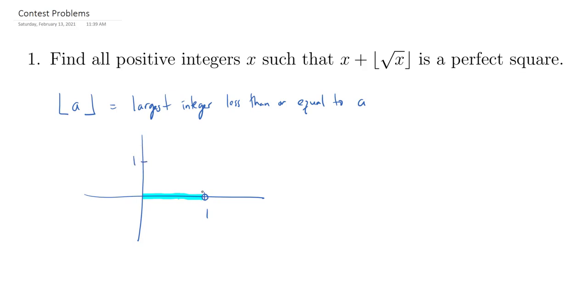It'll jump up to 1, because the largest integer less than or equal to 1 is 1. Then you head over to 2, and on its way it stays at the same height 1 all the time. But when you get to 2, it makes another jump, this time up to 2. So you get this nice step function.